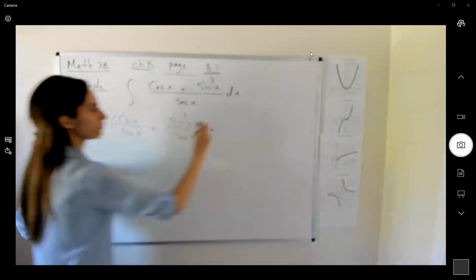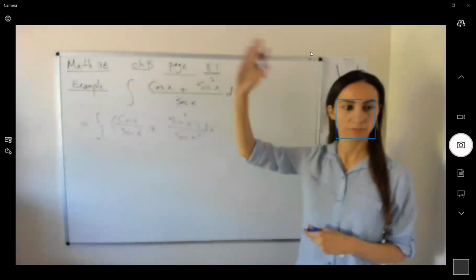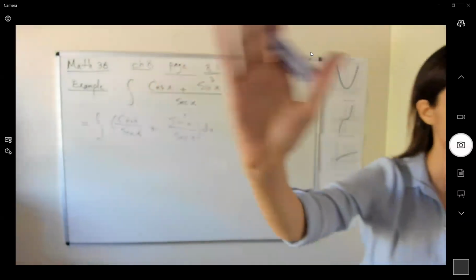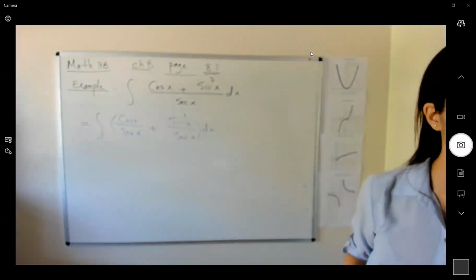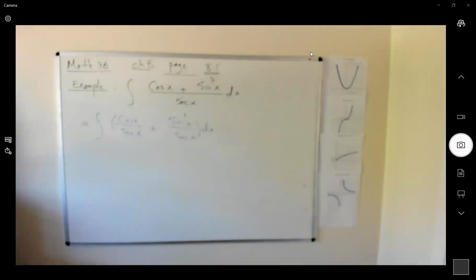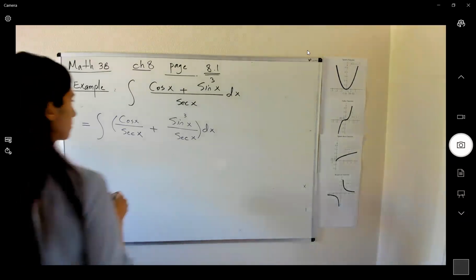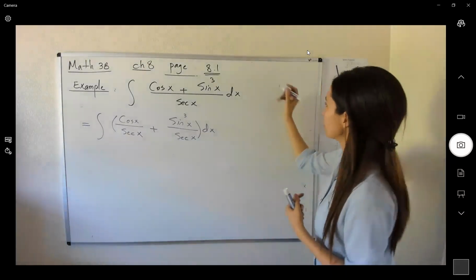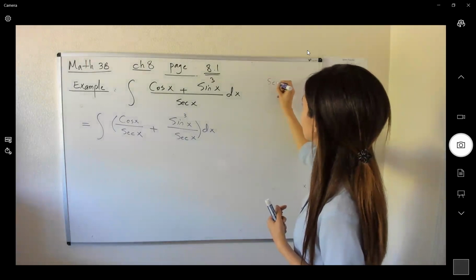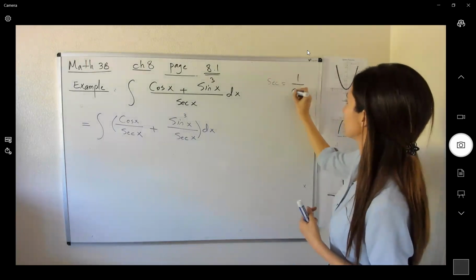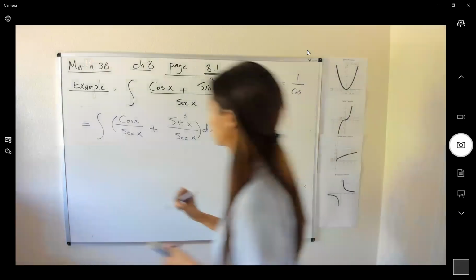So what was the definition of secant? Secant is 1 over cosine.